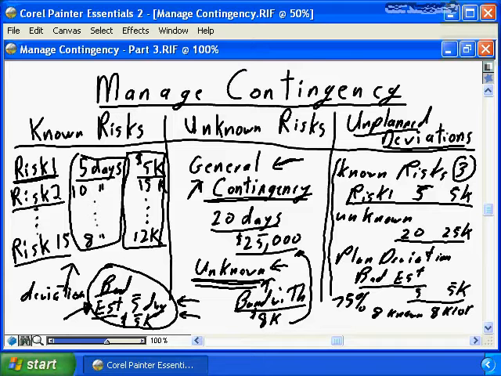At this point in time, you have capacity to deal with unknown deviations. You have extra capacity of $8,000 and 10 days, and by this point in time, you may have only consumed 10 days and $12,000 of the actual unplanned contingency, so in fact you can start to apply contingency funds against planned deviations.